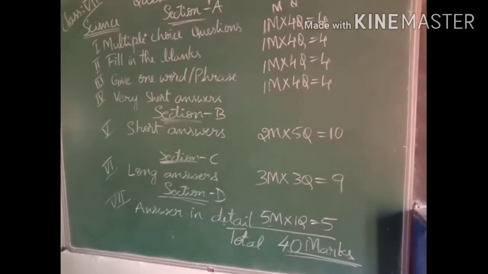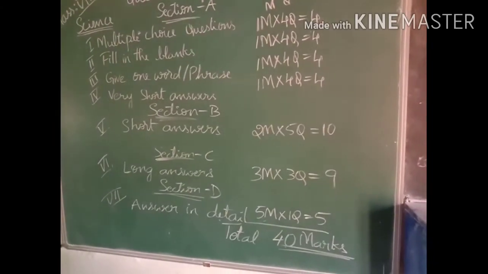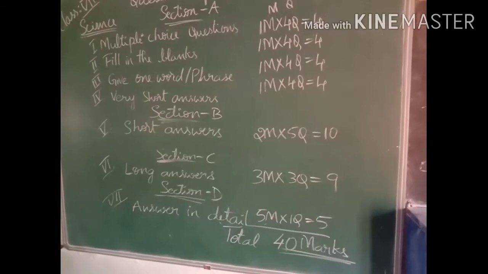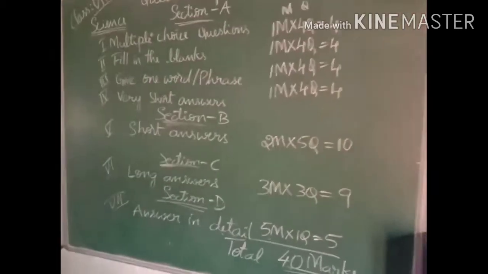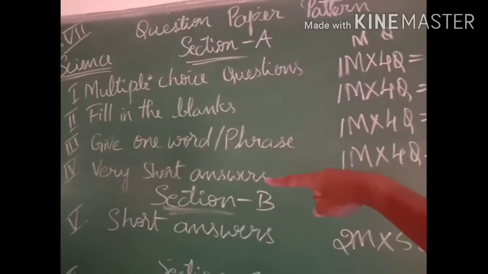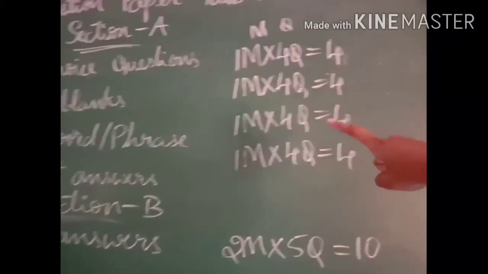They are multiple choice questions, fill in the blanks questions, give one word or phrase, and then very short answers. All these types of questions in Section A carry 1 mark each.